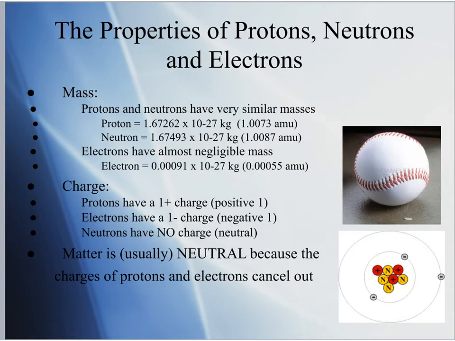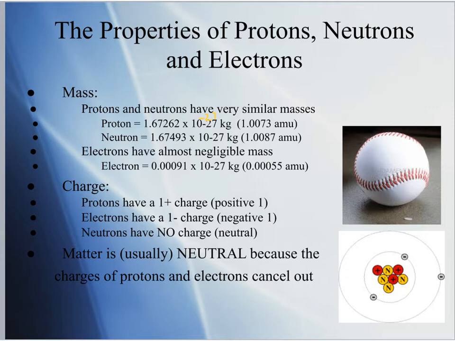So let's dive into what we know about the nucleus. Inside of the nucleus, remember, we have protons and neutrons, and they have very similar masses. You can see there the masses of the protons and the neutrons. They are on the order of 10 to the negative 27th kilogram, which is amazingly tiny and light.